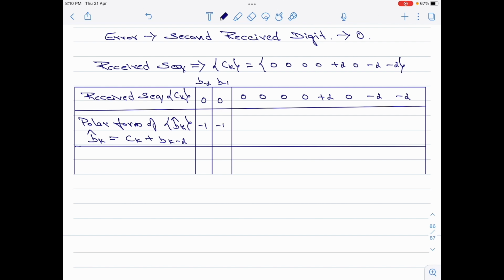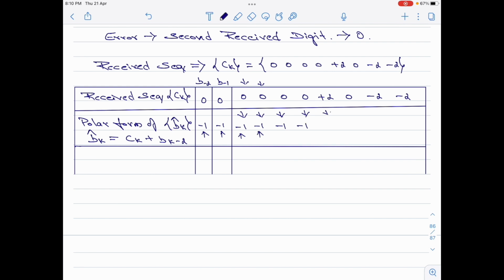Let me now start the computation. At this point, this is c_k, which is 0, plus b_{k-2}, which is -1, so this would be -1. Here again, 0 plus -1 is -1. Again, 0 plus -1 is -1. Again, 0 plus -1, once again -1.